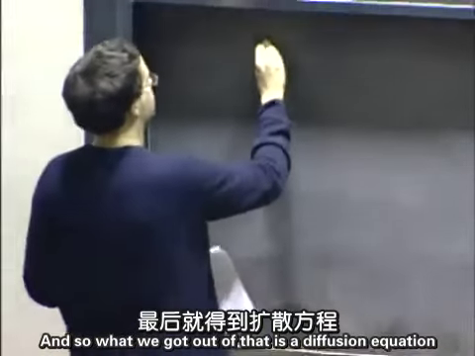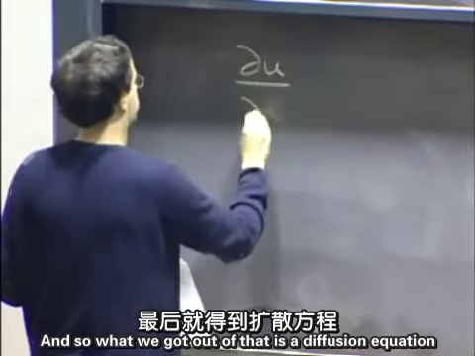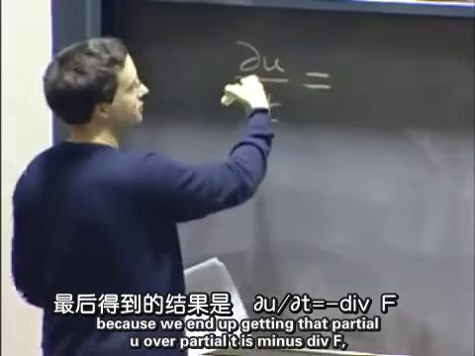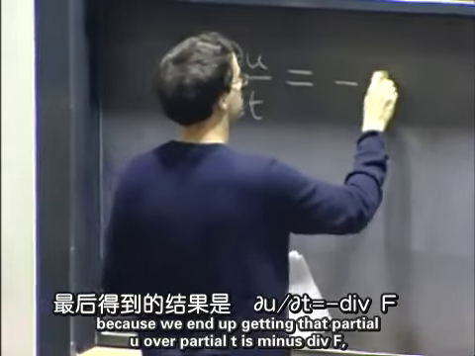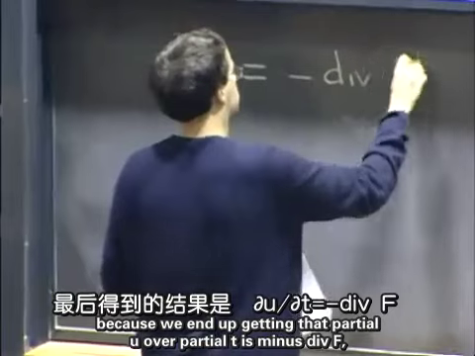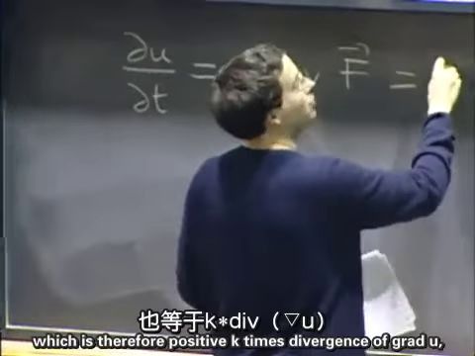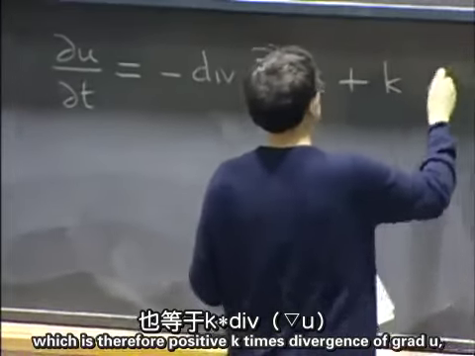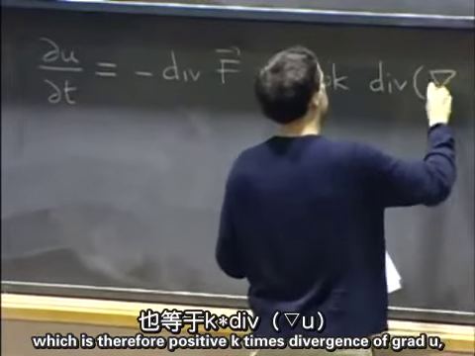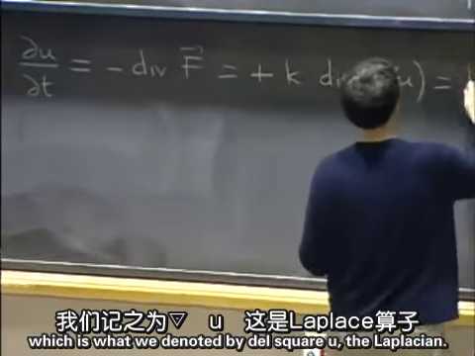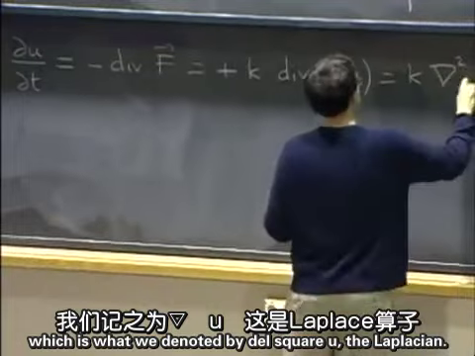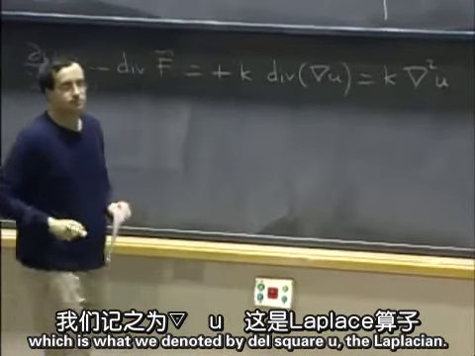And so what we got out of that is the diffusion equation, because we end up getting that partial u partial t is minus div f, which is therefore positive k times divergence of grad u, which is what we denoted by del square u, the Laplacian.